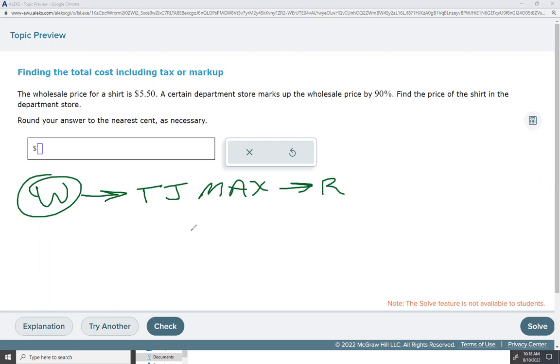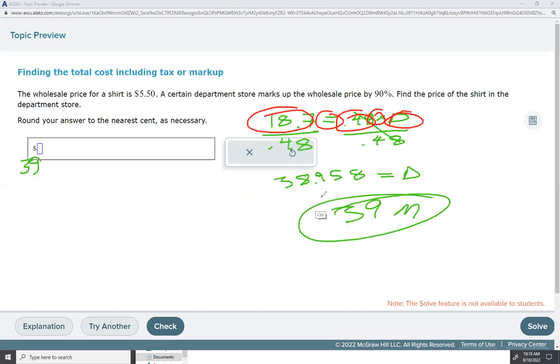Part of what they charge goes toward paying for insurance, their employees, keeping the lights on, and a whole bunch of stuff. So it makes sense that they might double the price, so they have something left over for profit for the company. That's kind of the idea there.